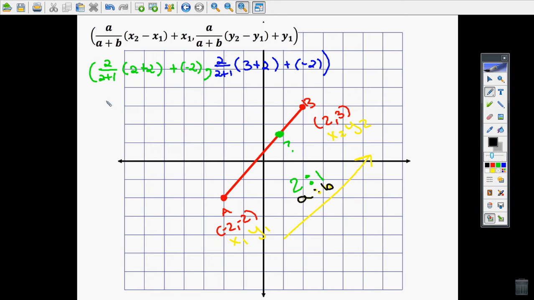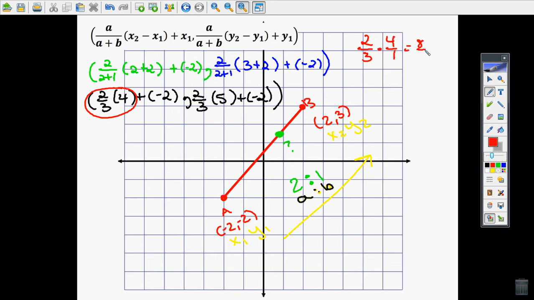Now I'm going to go through the process of simplifying this. 2 over 2 plus 1 is 2/3, times 4, plus -2. And 2 over 2 plus 1 is 2/3, times 3 plus 2 is 5, plus -2. Again, I'm going to go through simplifying some more. 2/3 times 4 over 1 is 8 over 3, and you can put that in the calculator, 8 divided by 3, which is 2.67.